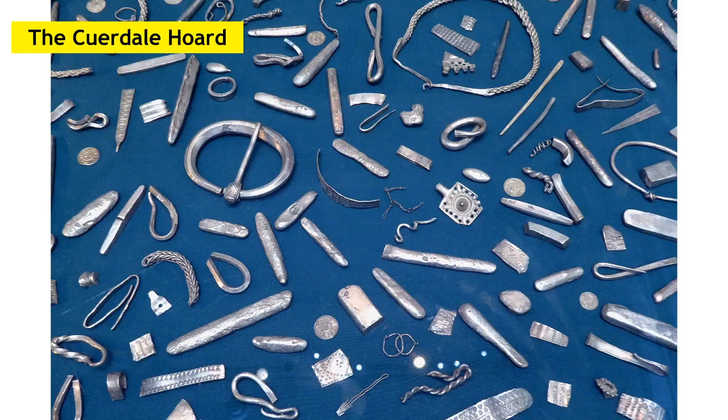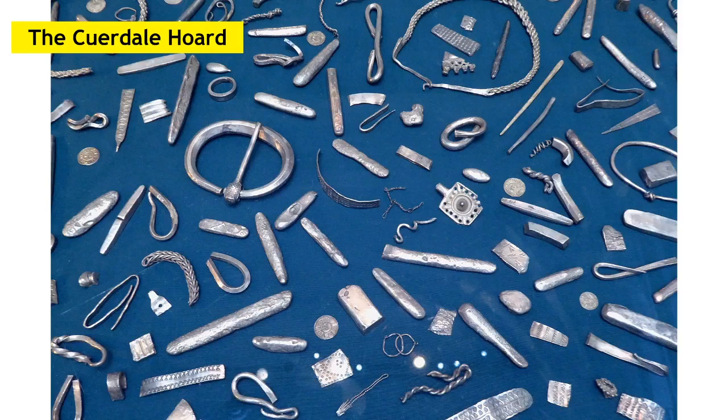And we can see here the remains of tools and other jewelry. This was obviously a collection of a huge amount of treasure. And the most exciting part of this is that all of this treasure did not come from the same place. Most of the treasure and the coins came from the Danelaw. Some of the treasure came from Anglo-Saxon England, places like Wessex, which must have been trading with the Vikings.